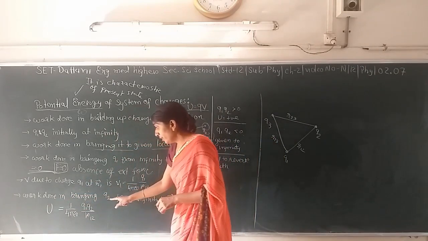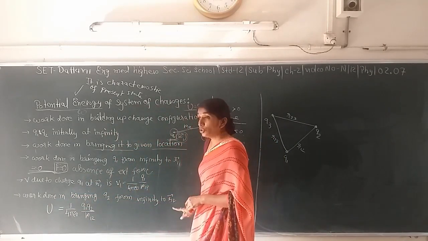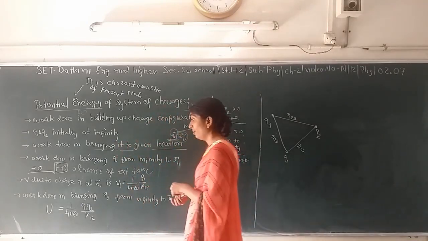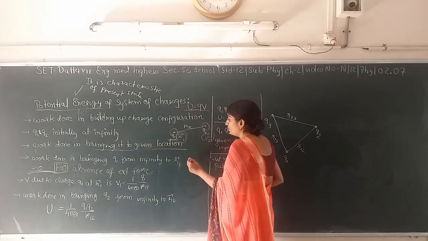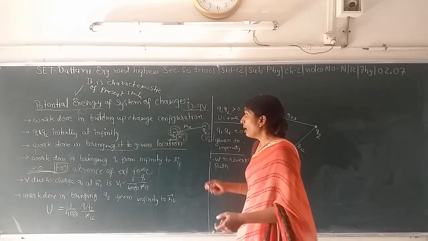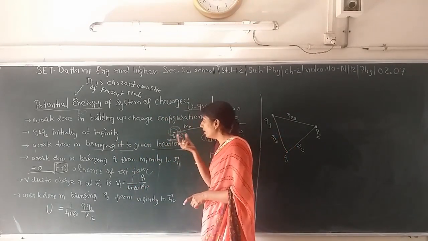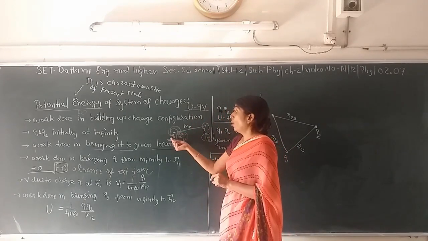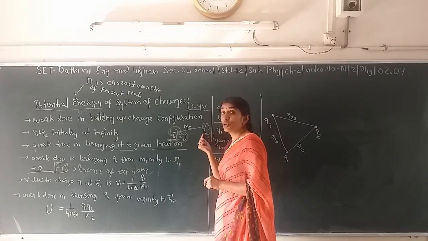Work done in bringing Q2 from infinity to vector R2. First of all, we brought the charge Q1 and there was no external force. But right now, we have an extra charge Q1 which is going to apply force on charge Q2.